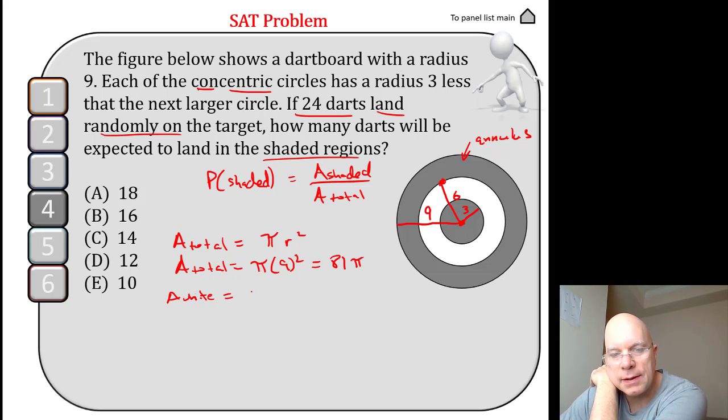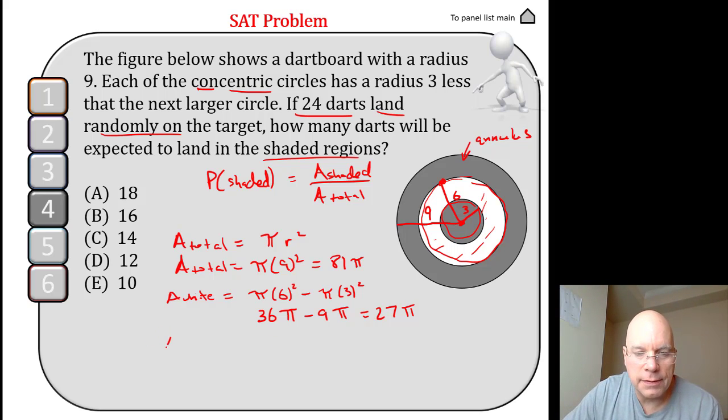That's going to be pi times 6 squared minus pi times 3 squared. In other words, I'm finding this circle and then I'm subtracting this circle to find the total white area. I think that makes sense. So 36 pi minus 9 pi is 27 pi.